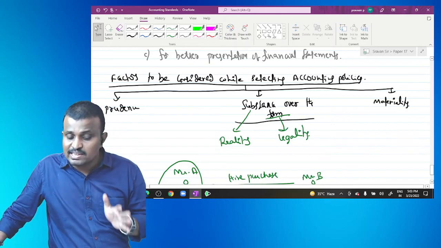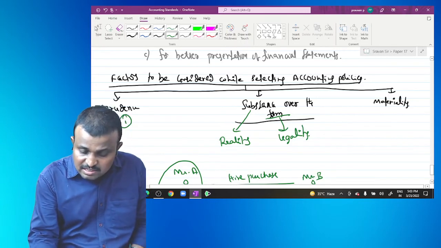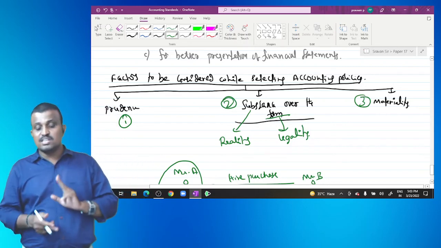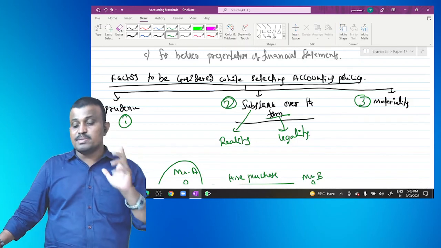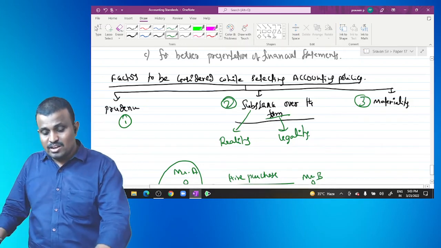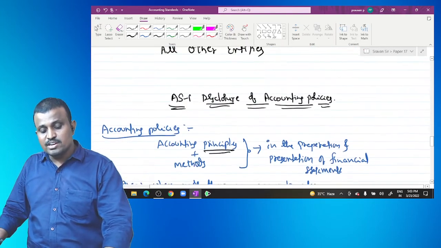So while selecting the accounting policy, we have to consider these three factors: prudence, substance over form, and materiality.